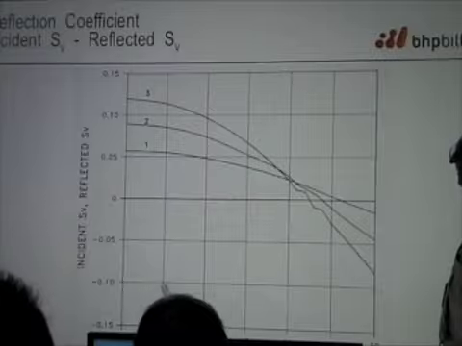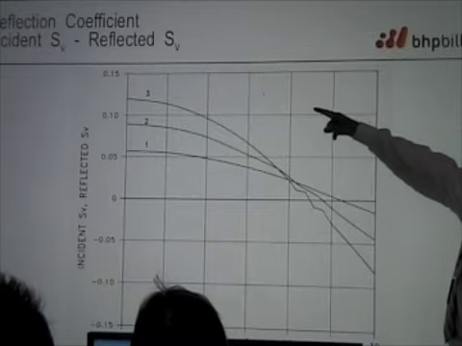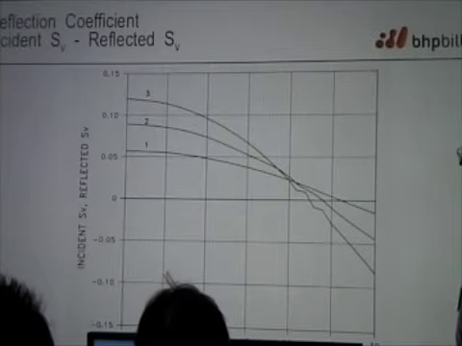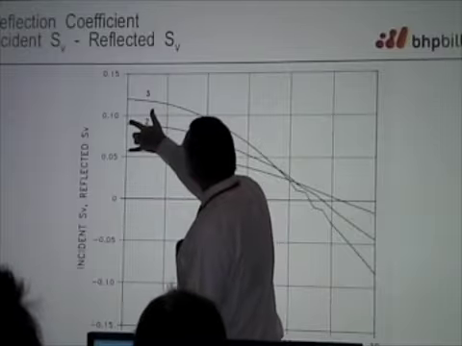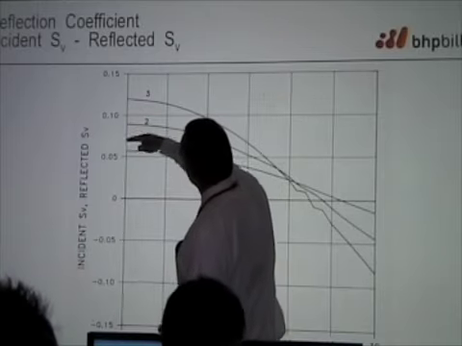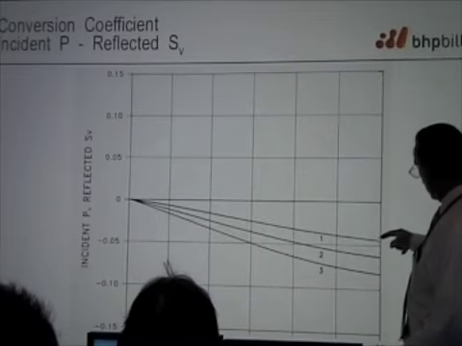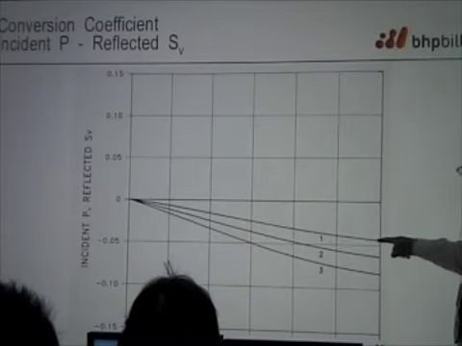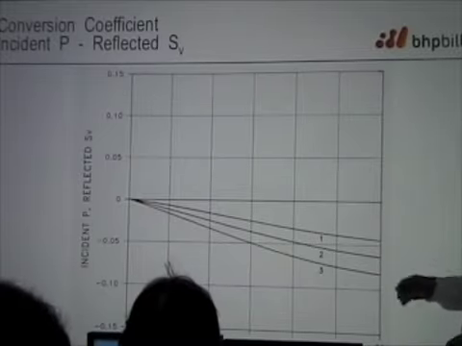Here's the, this is incident SV, reflected SV. For those of you interested in shear wave prospecting, if you looked at the ratios of these 3 normal incidents, they would be the same as the ratios of these 3 at these offsets, at least out to the angles where this peaks.